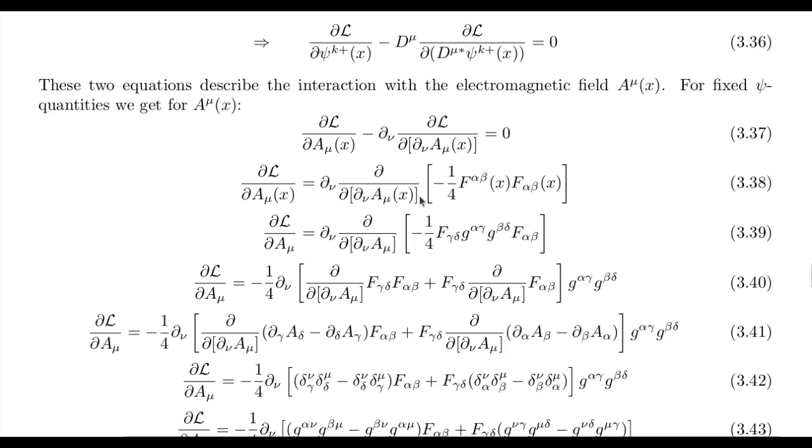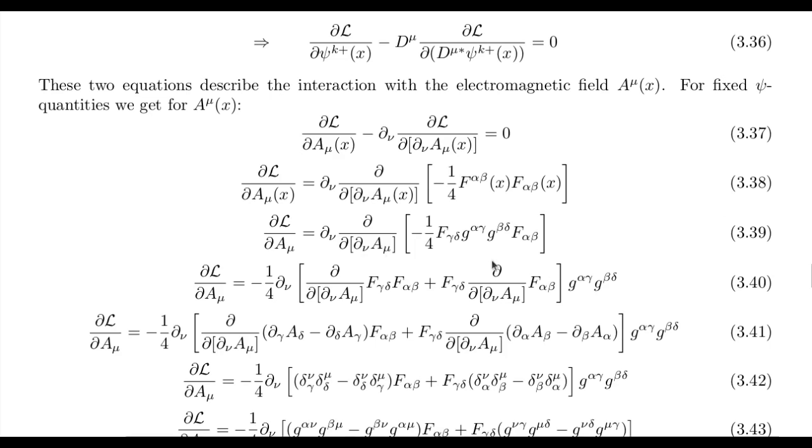Okay, we don't write here x. We know the A and F are dependent on the space coordinates. And so we have here covariant indices in the denominator. That means contravariant indices in the numerator.